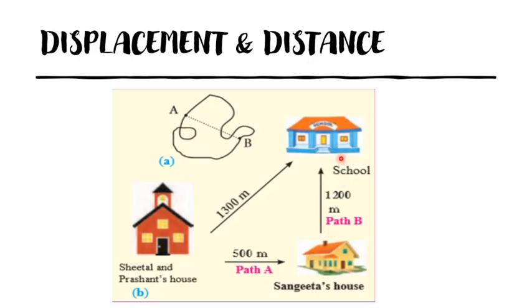So that means she is covering a total of 1700 meters. Whereas Prashant is going directly to the school, so he is covering only 1300 meters. So can you guess now who will reach first? Yes, obviously, Prashant will reach first. He will take less time as the path followed by him was the shortest.